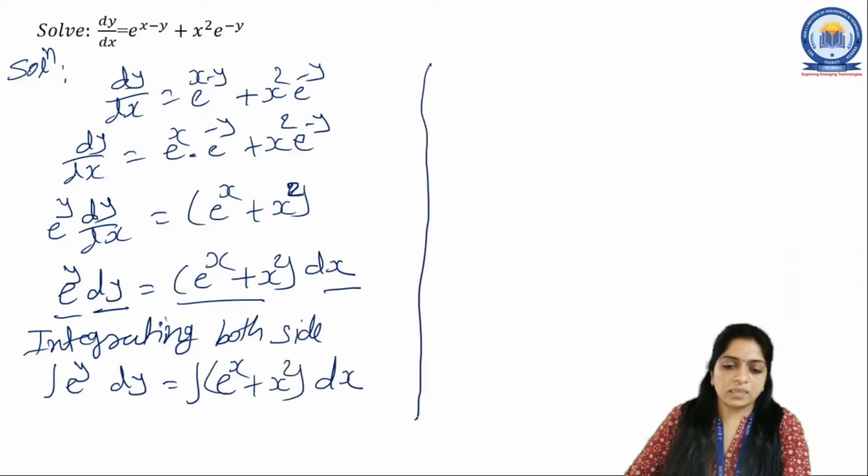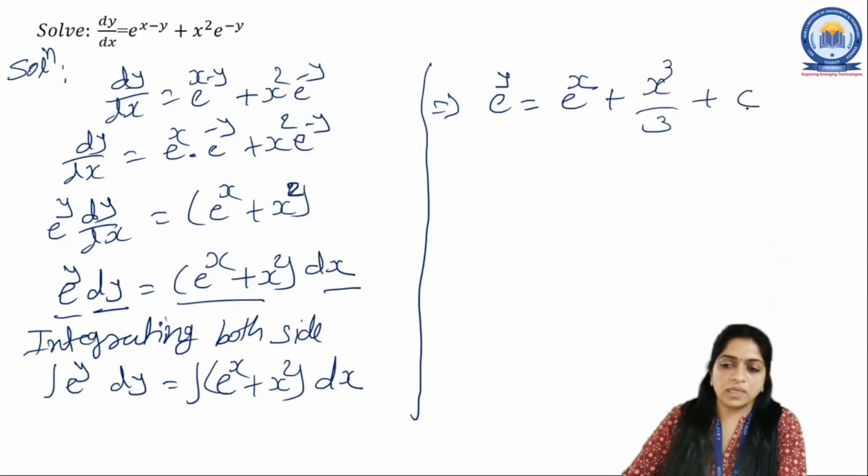So, my answer is integration of e raised to y is e raised to y itself, equal to integration of e raised to x with respect to x, that is just e raised to x, and integration of x square, that is x cube by 3, and our constant is c, right? If you wish, you can take 3 as LCM. If you don't wish, then keep it the same. So, this is the required solution of the given question.